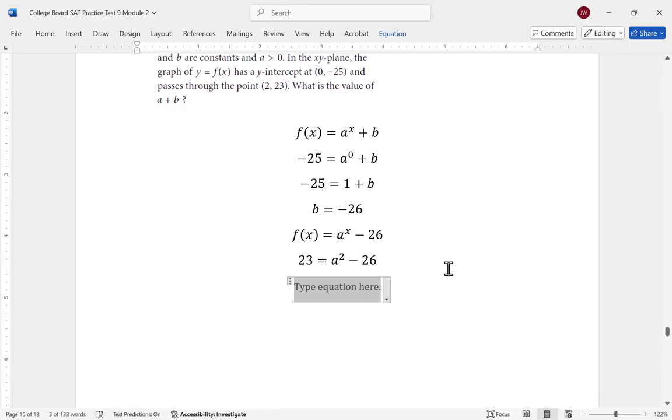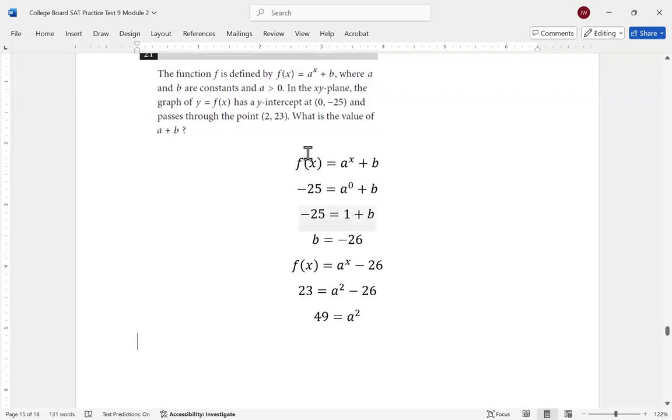Adding 26 to both sides gives me 49 is equal to a squared. Now, normally, algebraically, I'd have to take a as the positive square root of 49 and the negative square root of 49, but this tells me that a has to be positive. So I know a is going to be the square root of 49, which is 7.